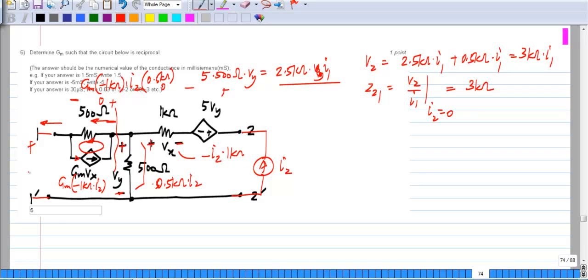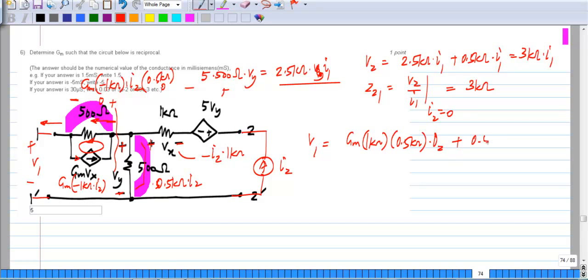Now this V1 is a sum of this voltage drop and that voltage drop. Okay, so V1 is, remember, voltage drop from here to there is the negative of this, so it is Gm times 1 kilo ohm times half a kilo ohm times I2 plus half a kilo ohm times I2.